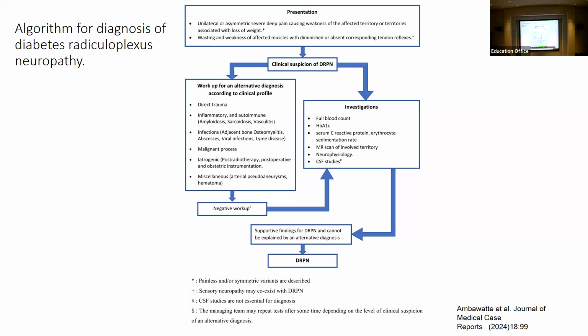You want to do neurophysiology testing, nerve conduction tests and EMG. You also order MRI. The CSF study, they said, is not essential for the diagnosis. So with this negative workup and more supporting findings from this pathway, and the symptoms cannot be explained by an alternative diagnosis, you will diagnose the patient with DRPN.